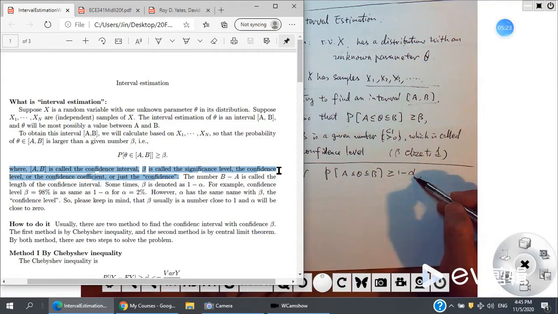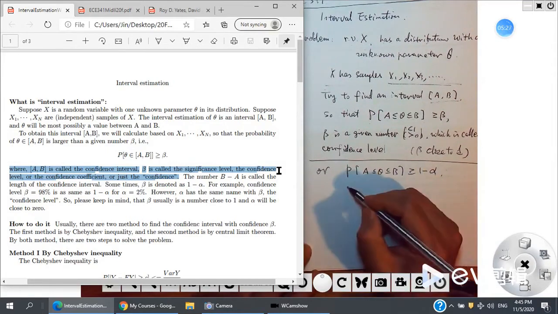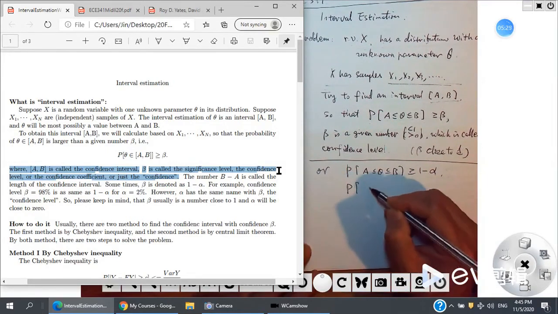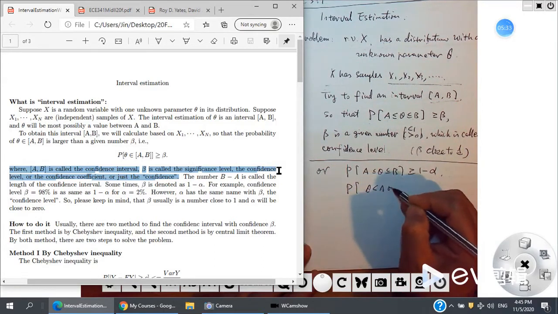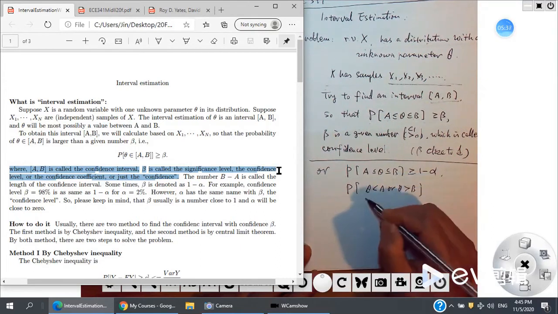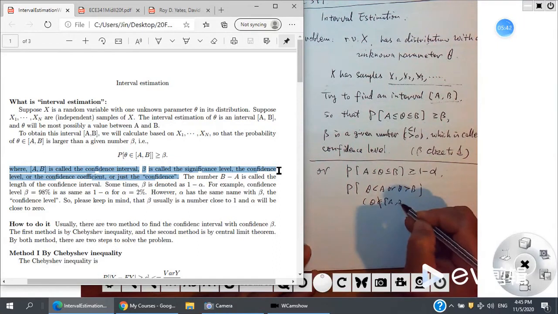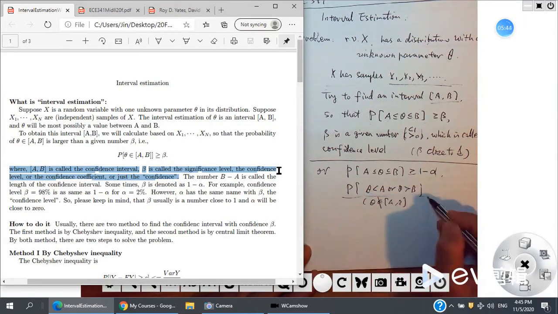And this formula we can also write as P theta smaller than A or theta larger than B. That means theta does not belong to A and B. This will be smaller than alpha.